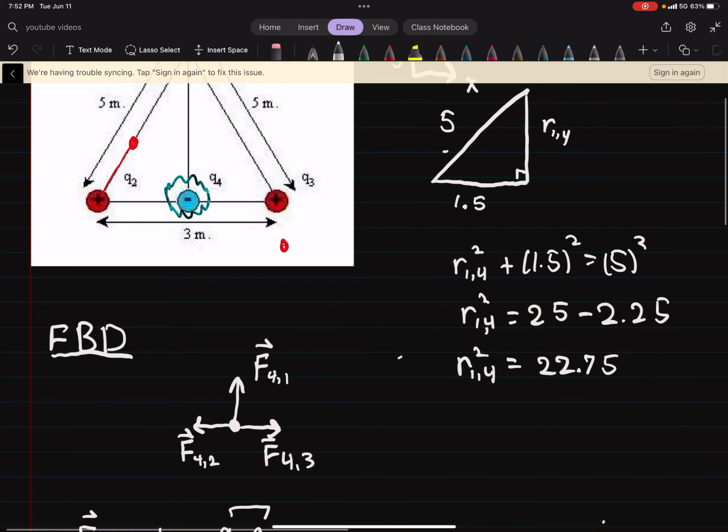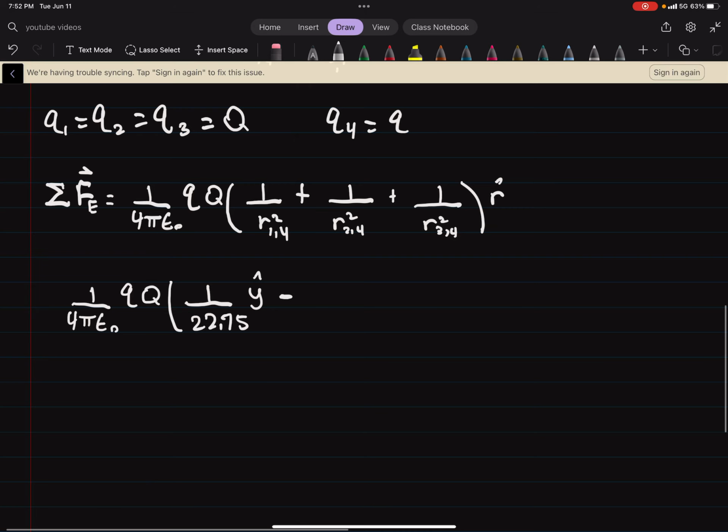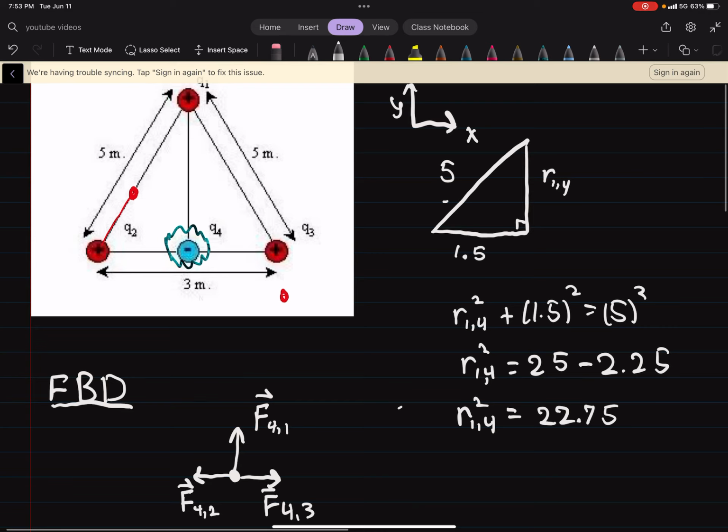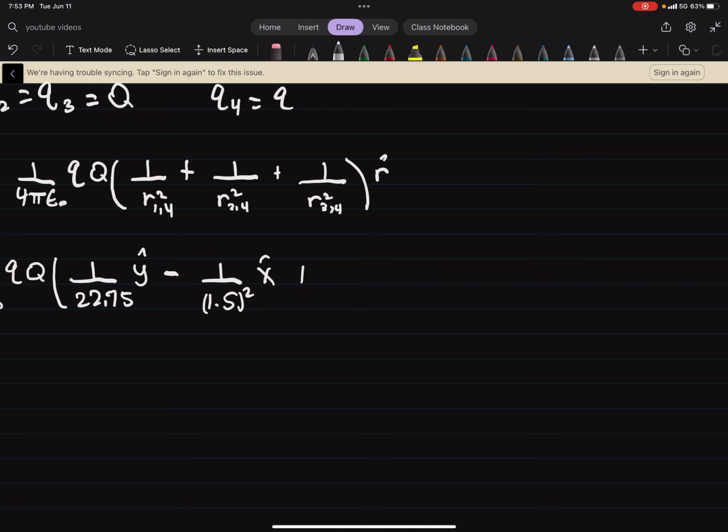Q2 on Q4 would be in the minus X hat direction. 1 over 1.5 squared X hat. And the third one would be also shifted to the right by that same amount.